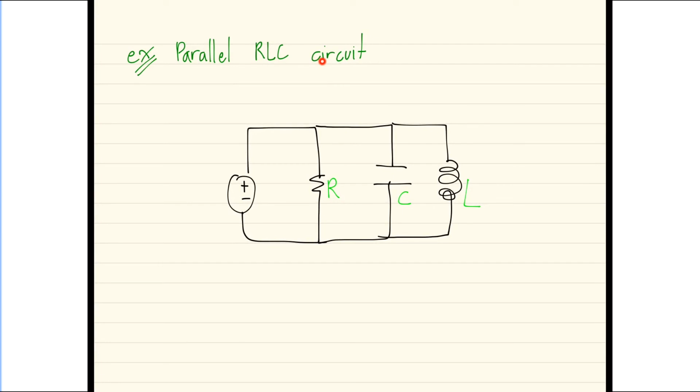And now I will show an example of a parallel RLC circuit. Now we have R, C and L in parallel with each other in the circuit. We want to find the total admittance in the circuit. Total admittance will equal the sum of each admittance R, C and L for the parallel circuit.